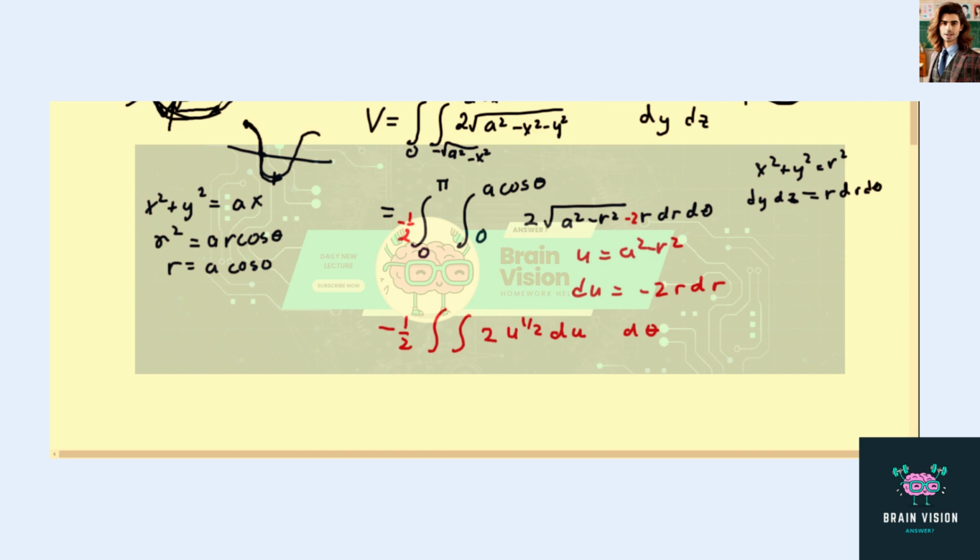Oh, I had a 2. Okay, that's why that's so weird. Okay, so minus 1 u to the 3/2 over 3/2, or 2/3, d theta.